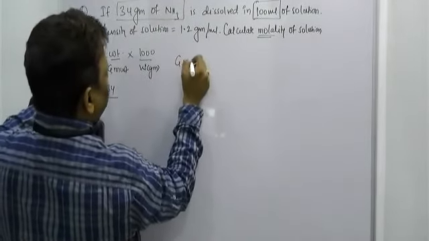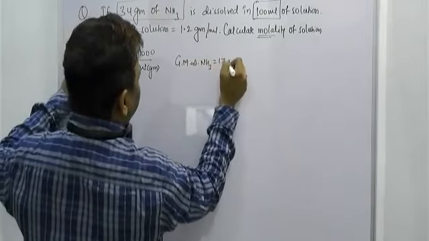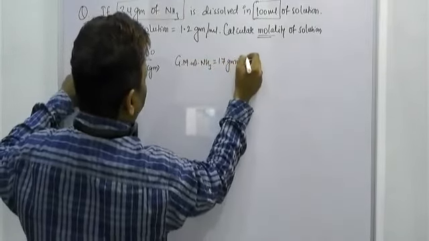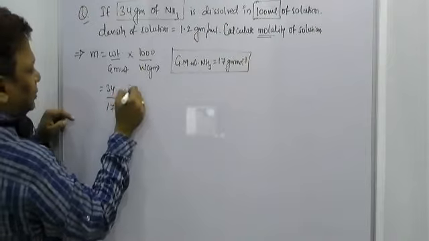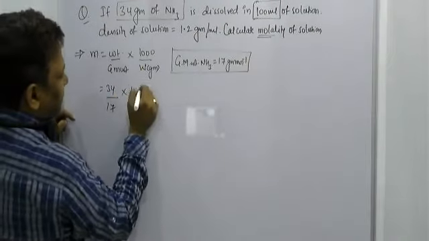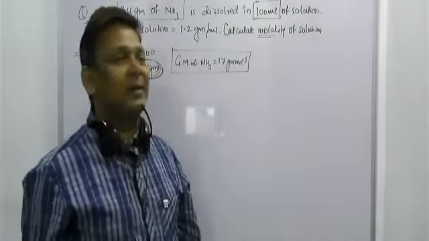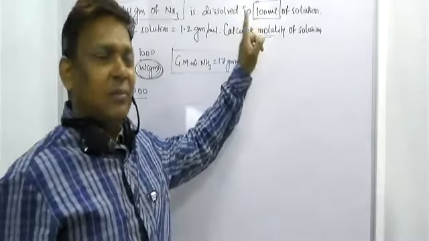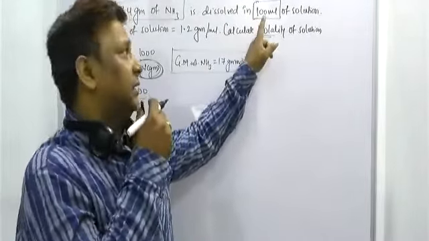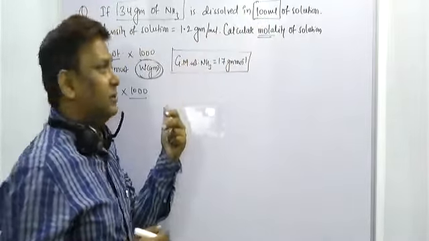Yes, sir, 17 gram per mole. Substitute the value into 1000. But I want the weight of the solvent in gram, while here they give the volume of solution in ml. The density of solution is there, so we can get the mass of the solution.